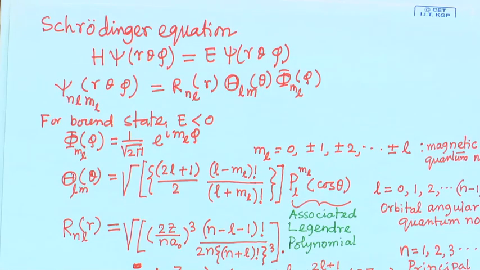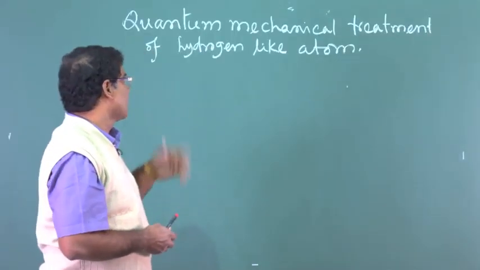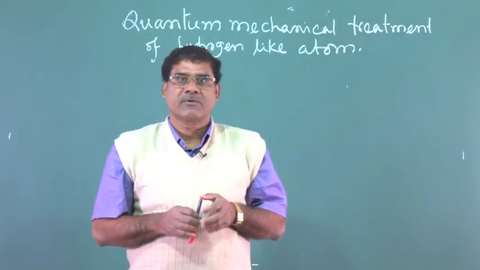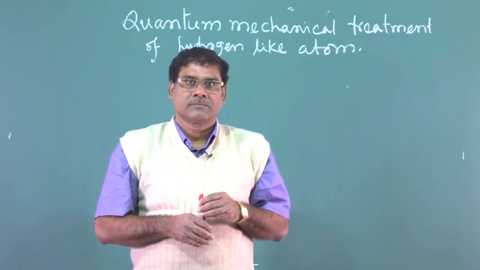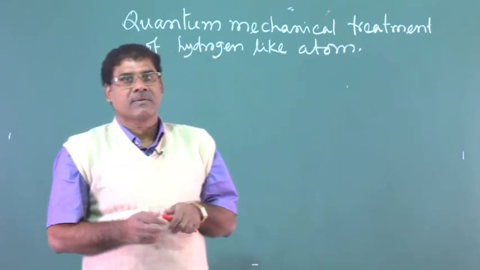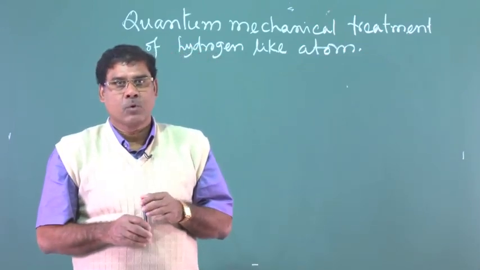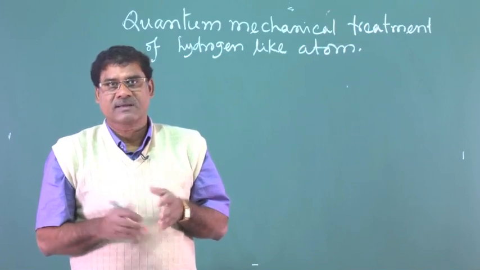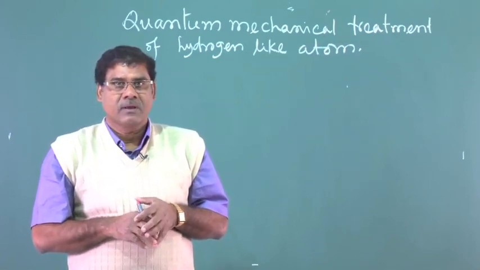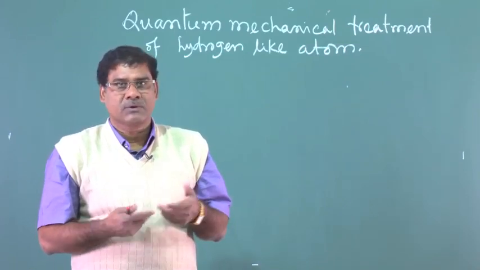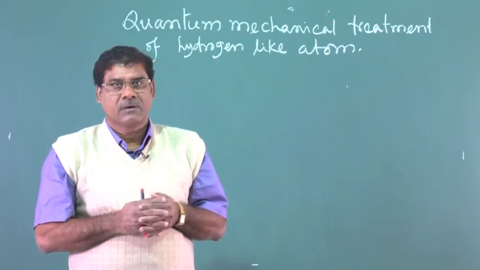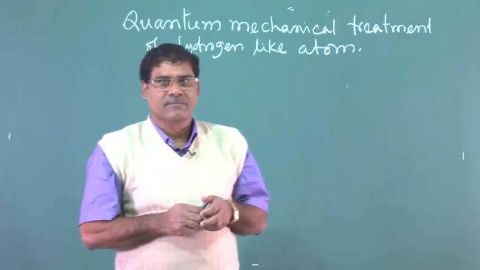So, that was basically what we achieved from the Bohr model. After this tedious calculation using the Schrodinger equation, we are getting the same result as we got from the Bohr model in terms of energy. So, why should we do this tedious calculation?